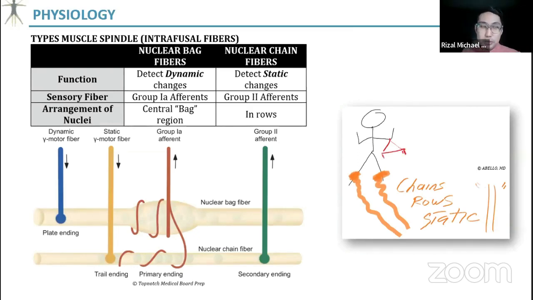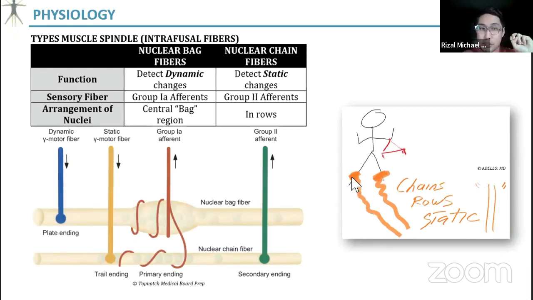Okay? So you have two types of intrafusal fibers. You have your nuclear bag and you have your nuclear chain. I know you have your mnemonic here as well, pero let me share mine. No? So between bag and chain, ang pinaka natatandaan ko dito is nuclear chain. No? Just imagine a man na naka-chain yung dalawang paa niya. So since dalawang paa niya naka-chain, ang ginagamit niya is group 2 afferents.